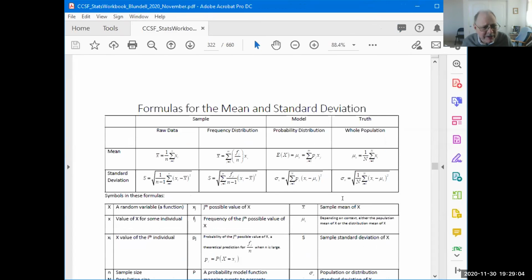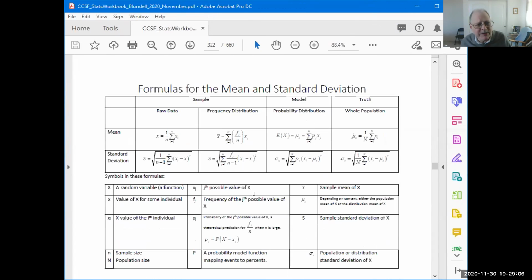If you watch this video in the spring of 2021, the page number may shift a little bit, but we're finding the sample mean of a frequency distribution. You've got the formula right here, and the definitions of all the variables and symbols down below.